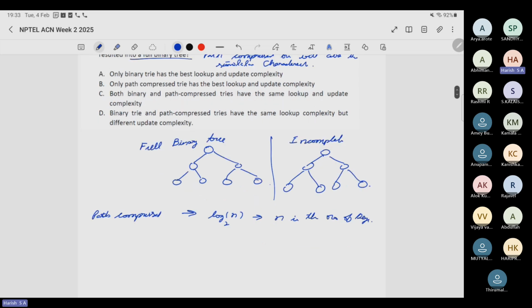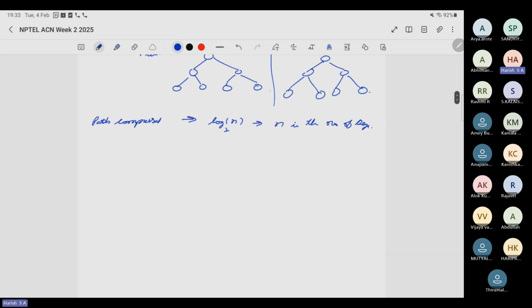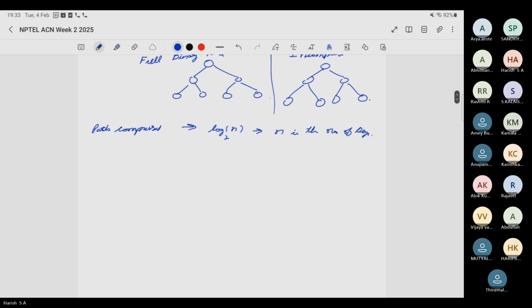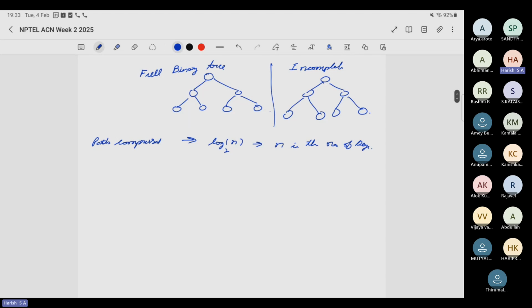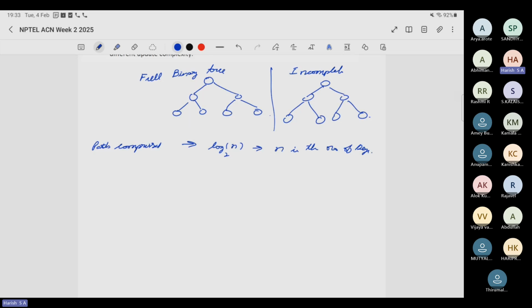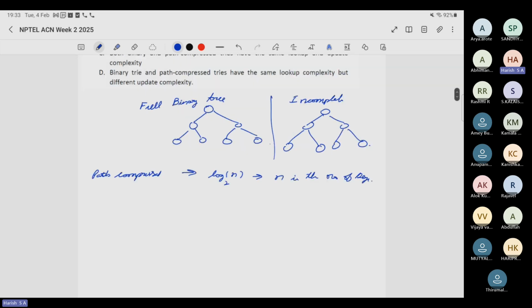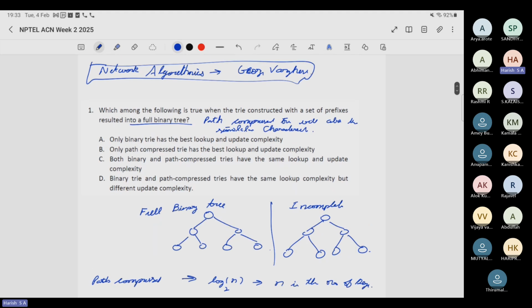So in a full binary tree, since each level of the tree has the maximum number of nodes possible, both binary and path compressed trie with full binary tree shape will have the same lookup and update complexity. So this is the correct answer for this, right? Just think about it from the perspective of when will both of these cases be true.